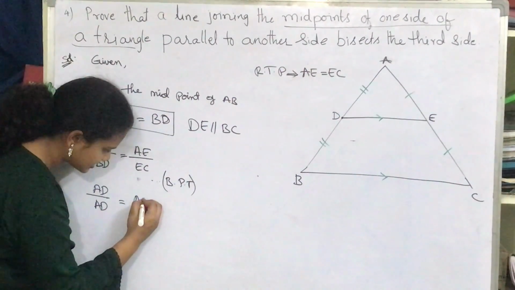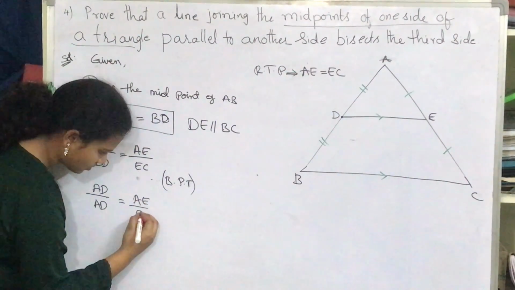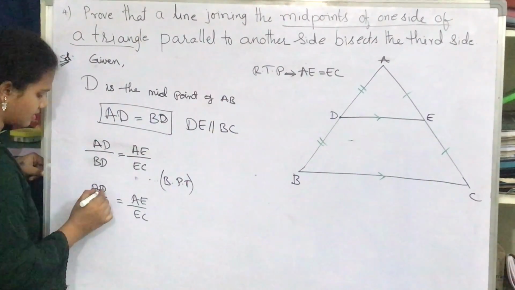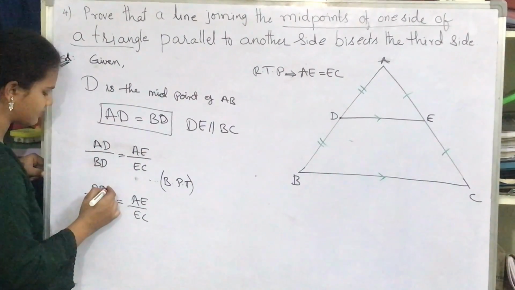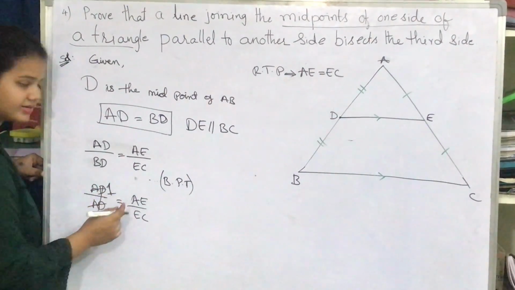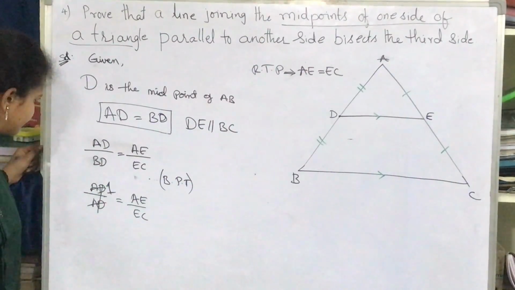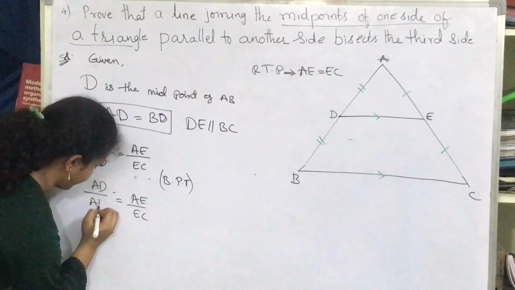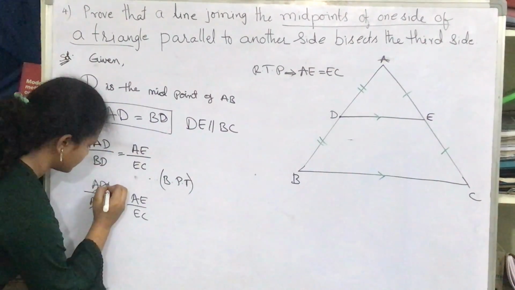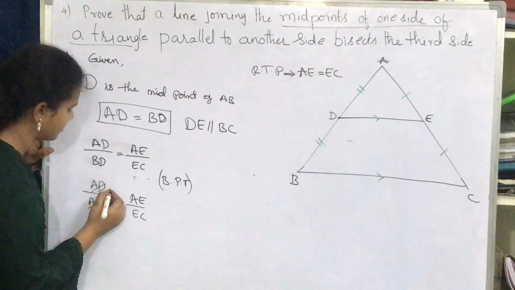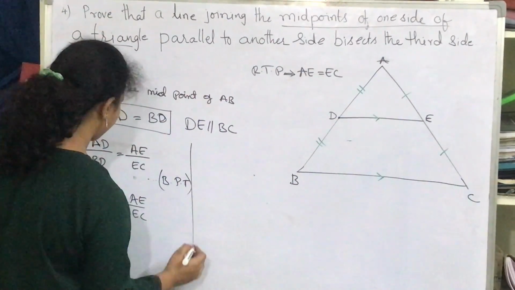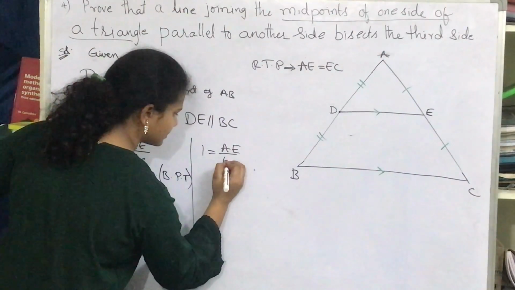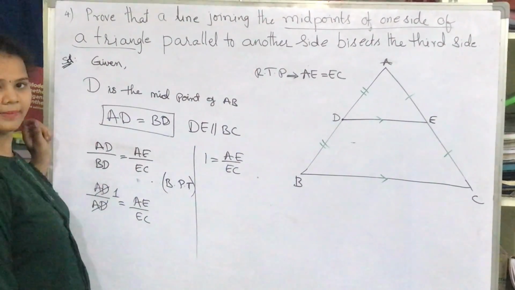Now AD by AD gets cancelled and we get 1. So we get 1 equals AE by EC.